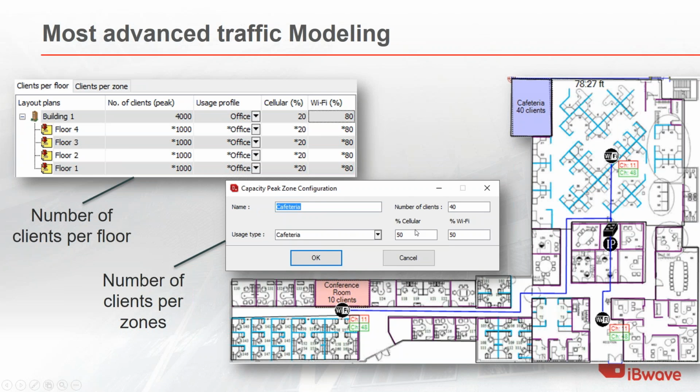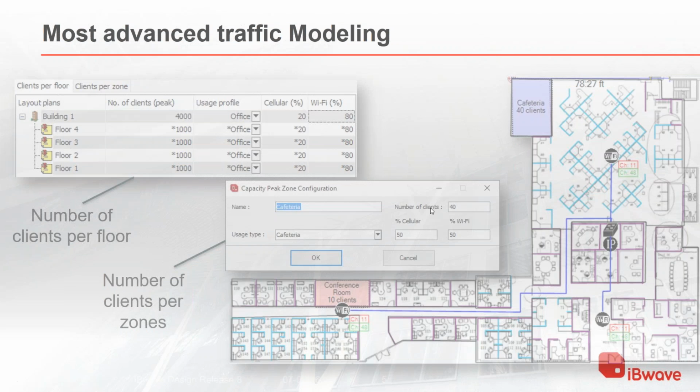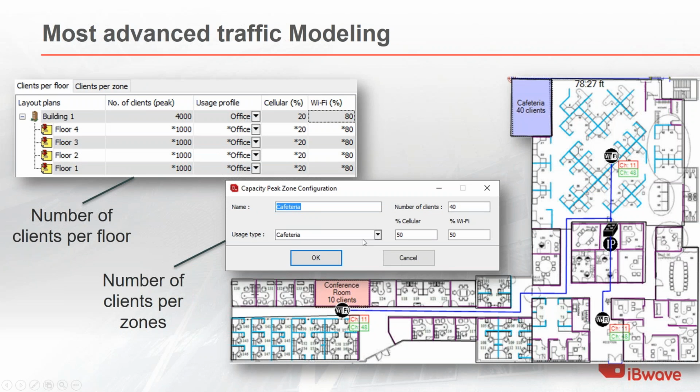If you look at the configuration, again, you can specify the number of people and the user profile, so the requirement in each zone can be different, and also the split between cellular and Wi-Fi can be different, because let's say in a cafeteria you might have people using their smartphone during lunch, and they may not have access to the corporate Wi-Fi at that location. That's why we wanted to have the flexibility to define that split differently.